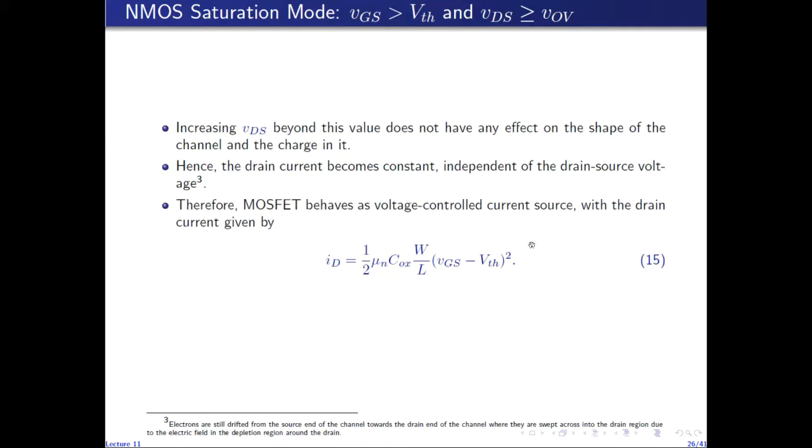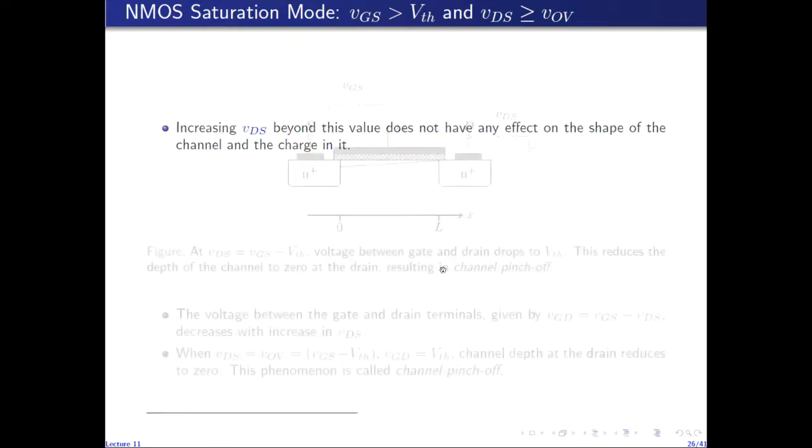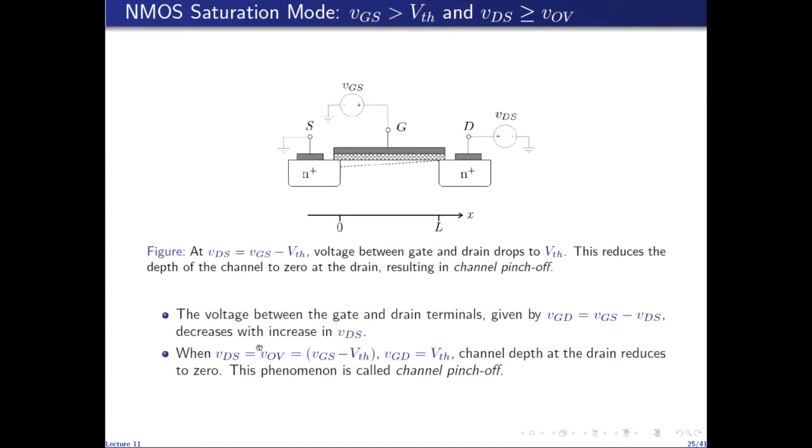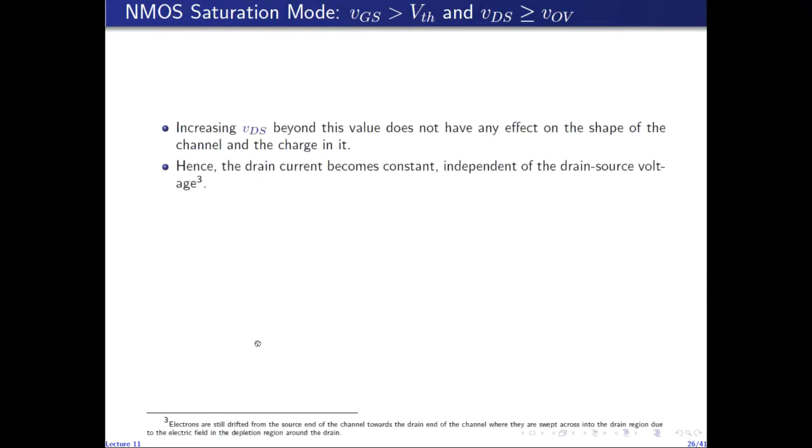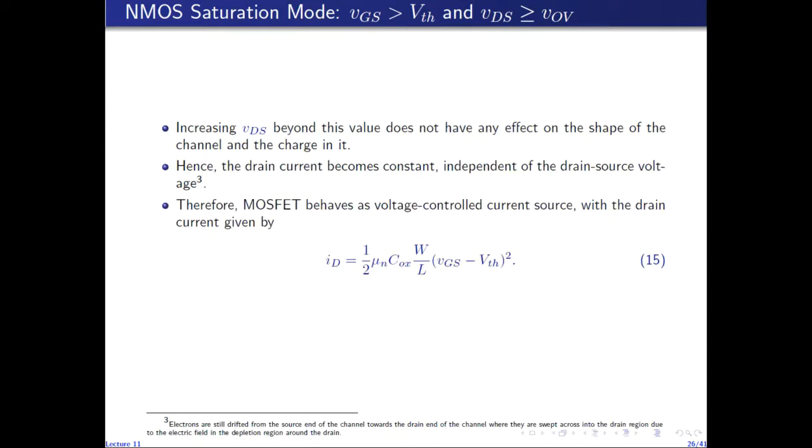And its value is given by this expression. This expression is obtained by replacing VDS in the equation for the drain current in the triode mode. So in that equation, if we replace VDS with VGS minus V threshold, because the channel gets pinched off when VDS equals VGS minus V threshold, then at that voltage and beyond, the current becomes constant, given by the value of VDS equal to VGS minus V threshold in the triode mode drain current equation.